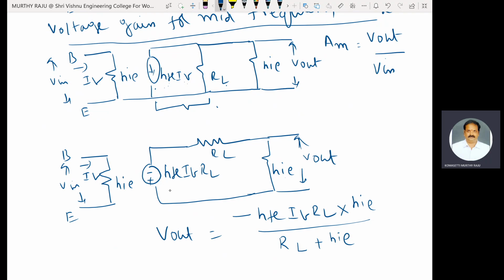This voltage source is replaced with plus minus HFE IB RL. That is the reason we use the minus sign. Minus HFE IB RL into this resistance HIE by the sum of these two resistances.